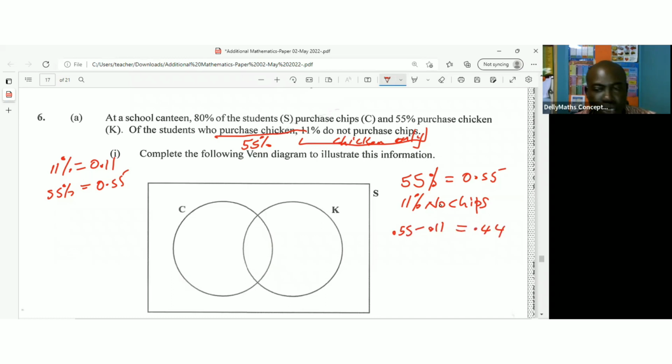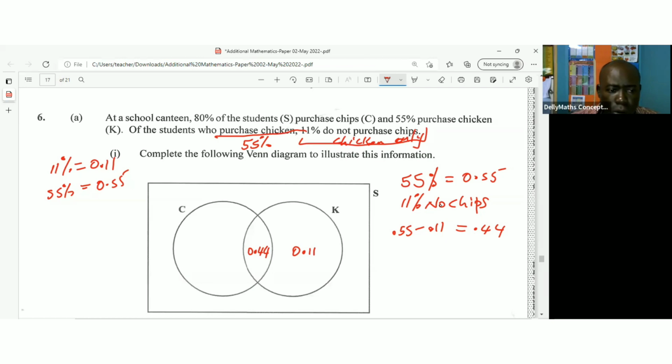Basically, what I'm saying is, here in the middle is 44%, which is 0.44. So I'm using decimals. So 0.44 would be those who purchase chicken and chips. And then the 0.11 would be those who purchase chicken only, because the fact that they said they did not purchase chips means it's chicken only.